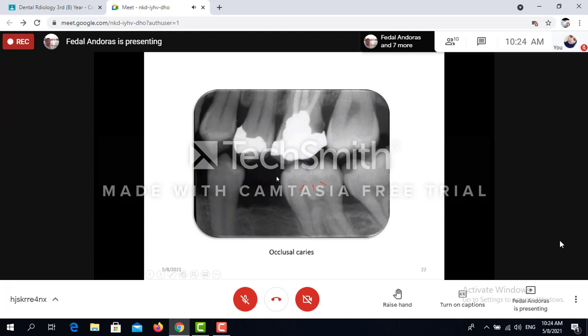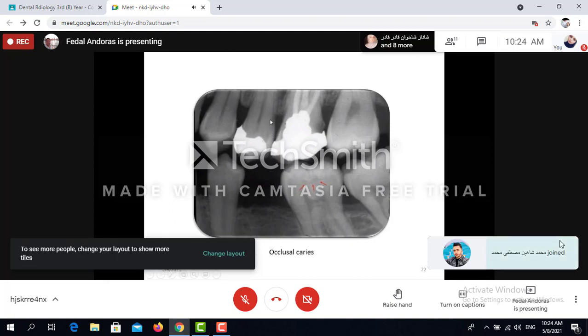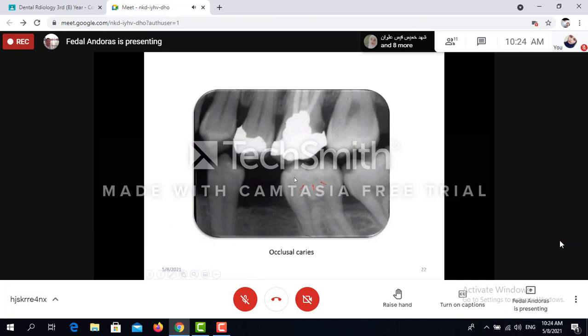But if there is an angulation error, like vertical and horizontal angulation error, at that time you will not get that nice image, and the caries will be hidden or obscured. So good radiographic technique will reveal caries.